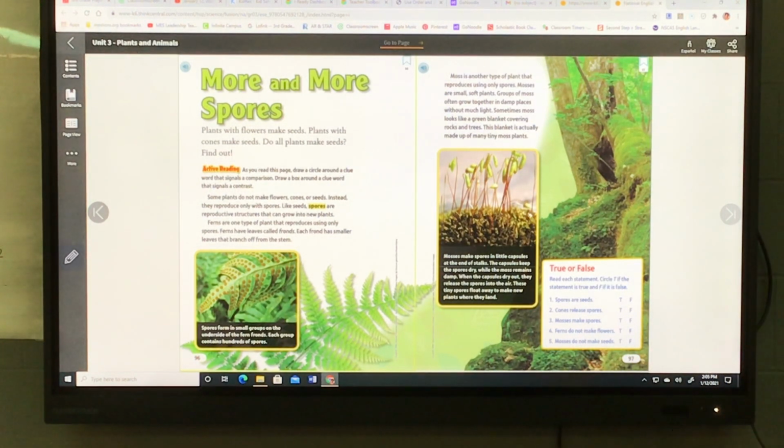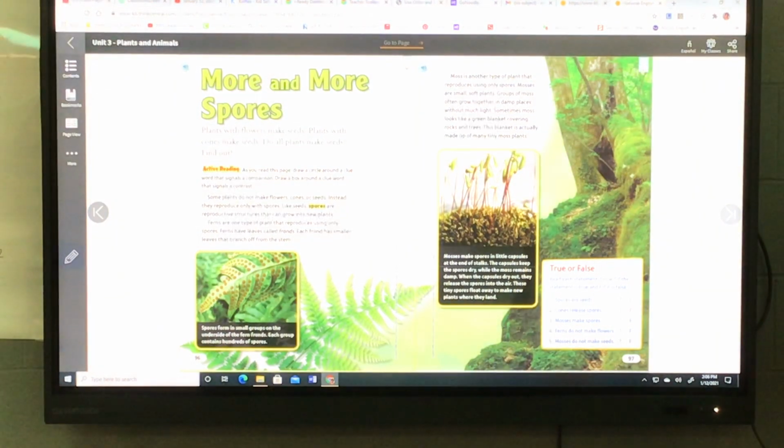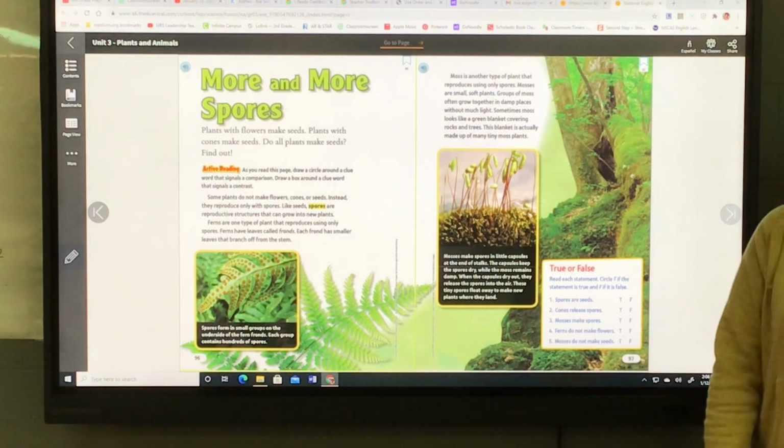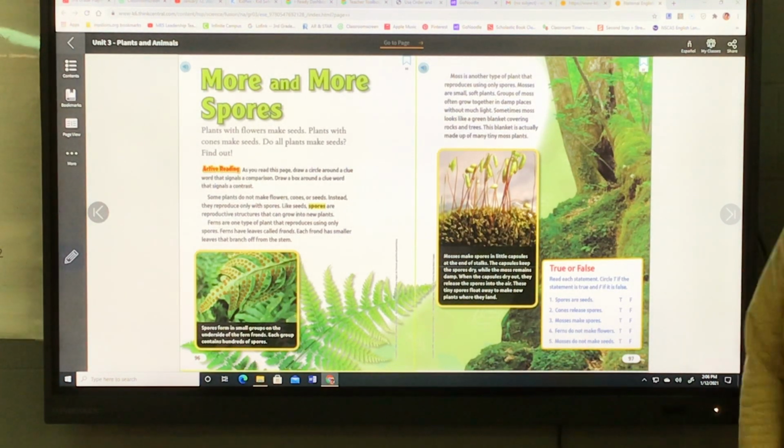They do not make flowers. Plus, the fern is pretty much a leaf. Let's look at 5. One more to go here. Mosses do not make seeds. True. Because what do they make? Spores. So mosses do not make seeds is true. Okay.